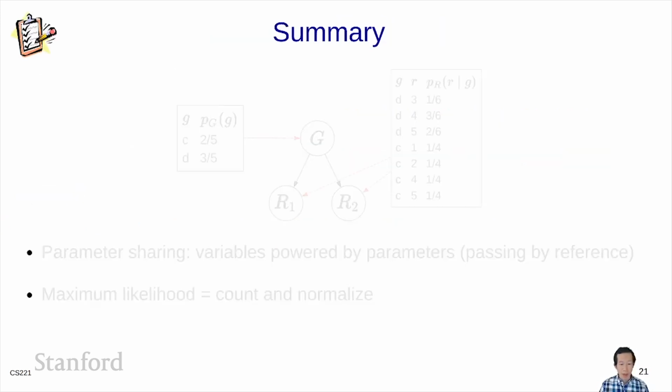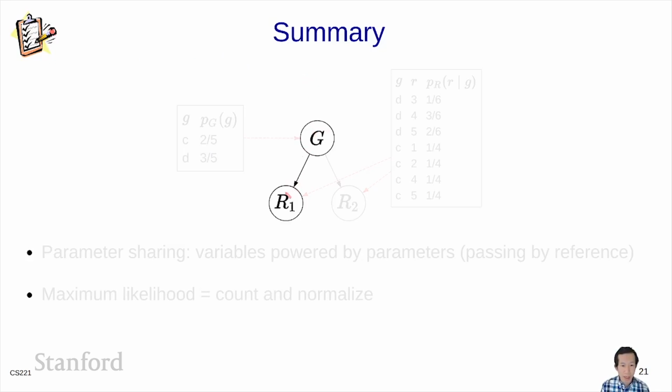Okay, so let me summarize now. We've talked about learning in fully supervised Bayesian networks where we're observing instances of all the variables here. So one important concept to take away is this idea of parameter sharing.